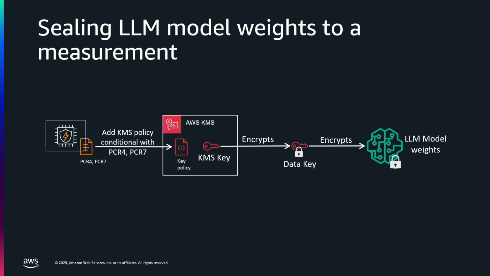Now imagine you have the execution environment, the EC2 instance, which also presents the same measurements in an attestation document. So what I am going to do as a model owner is not just encrypt, but seal my LLM model weights only to be unsealed in an execution environment that presents to me these exact same measurements in the attestation document.